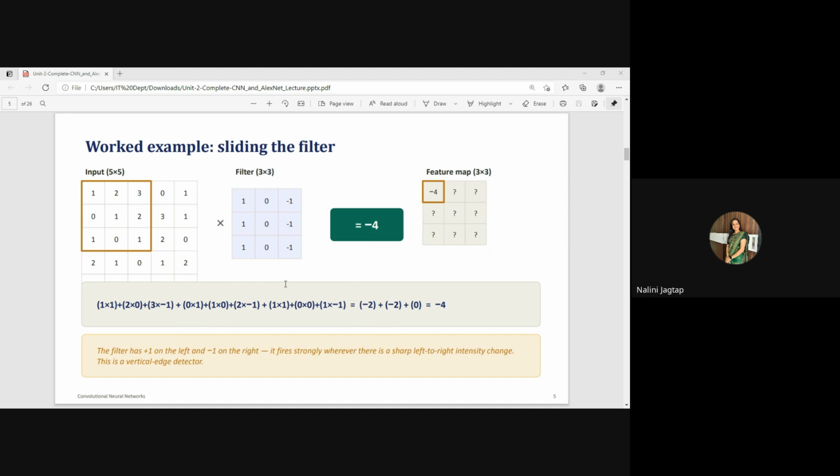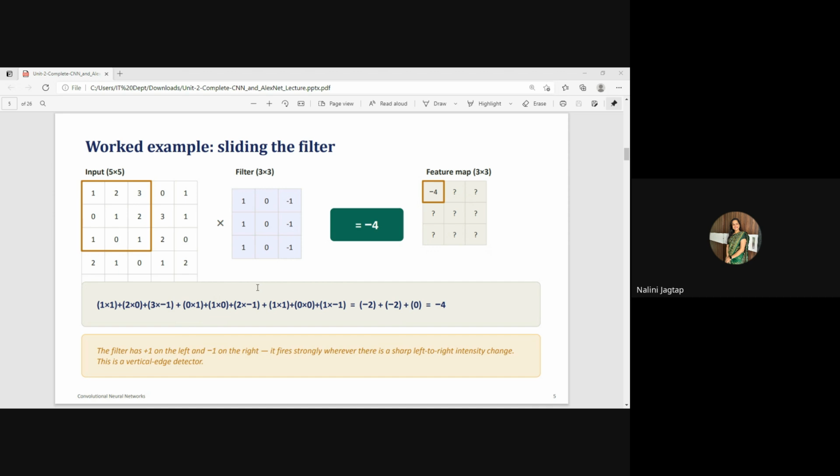What does this minus 4 say? It's a large magnitude negative number, which for this particular filter means the patch of the image under it had a strong left to right pattern, where values decreased from left to right, or more precisely, where the left side of the patch was brighter or higher valued than the right side.